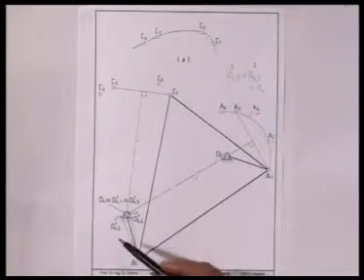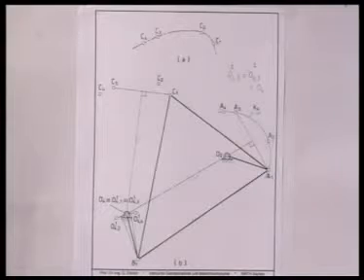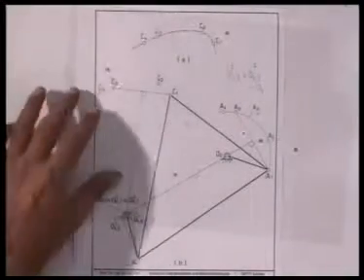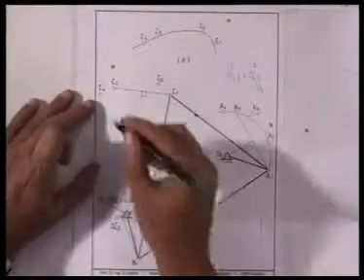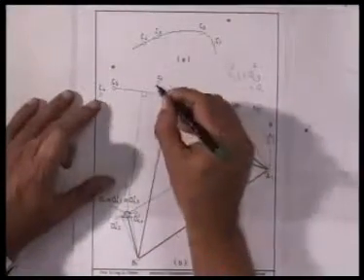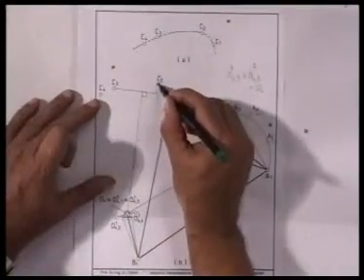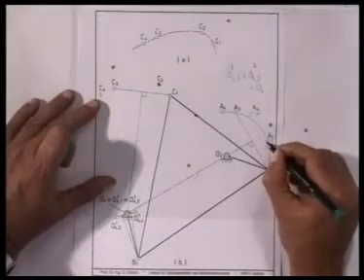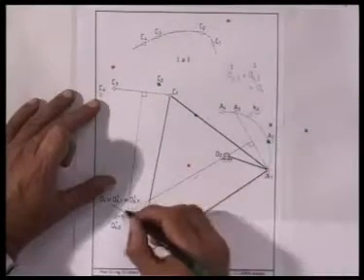Next we determine where is O4, 2, 1 and O4, 4, 1. To do that, we follow the same procedure of kinematic inversion. I mark C2, A2 and O4.